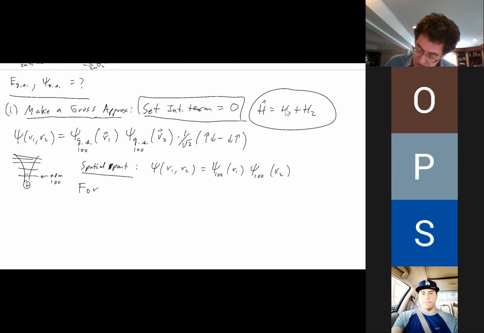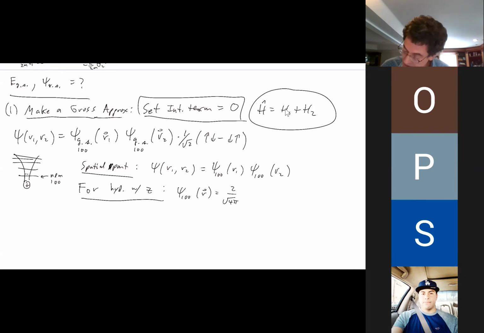You said for a hydrogen-like atom with a nucleus of charge Z, you calculated last semester that psi 100 of r is equal to 2 over the square root of 4 pi, times (Z over a naught) to the 3/2, times e to the negative Z r over a naught, where a naught is equal to the Bohr radius, which is about 1/2 of an angstrom.